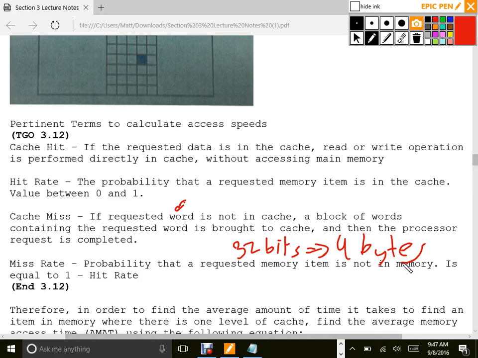And then the processor request is completed. So what I just described before in the diagram is what's known as a cache miss. I look in level 1 cache, it's not there. Then I go to level 2 cache, that was a cache hit. I didn't leave the cache. If I had to go to data memory, then we have to bring in a lot of stuff from the data memory. That takes a tremendous amount of time.